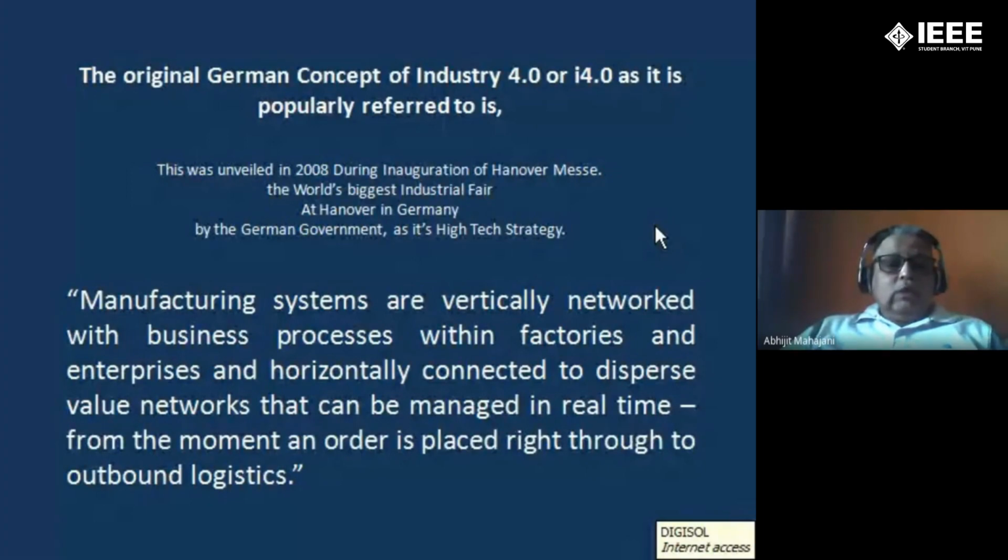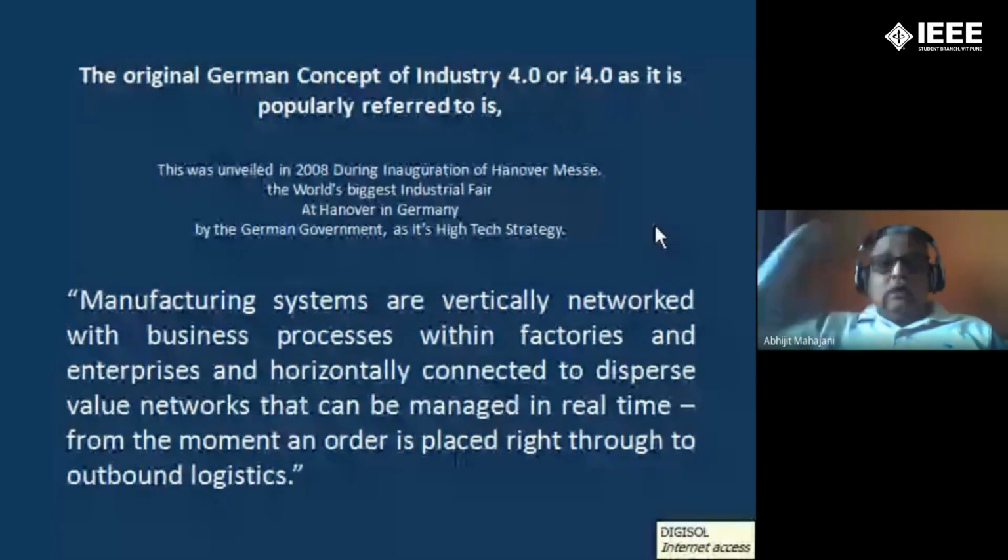The concept is that manufacturing systems are vertically networked with business processes within factories and enterprises, and horizontally connected to dispersed value networks that can be managed in real time from the moment an order is placed right through to outbound logistics. This was the vision that the German government gave as its high-tech strategy in April of 2008.